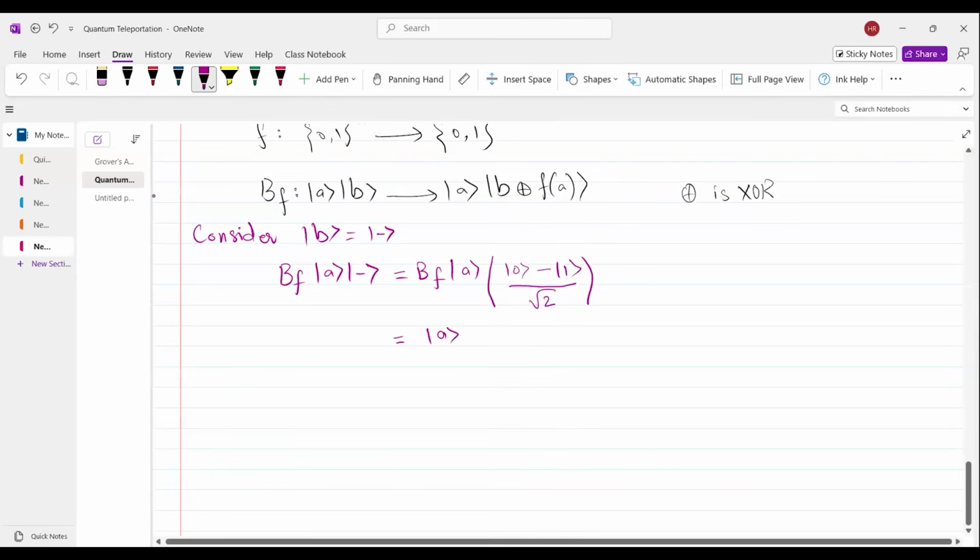So A remains the same, whereas we apply U_f over 0, then 1.